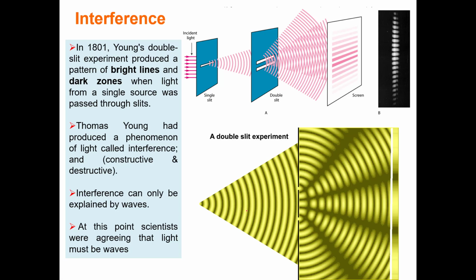So this is another clear evidence, from the 1800s, that this phenomenon can be explained only if we consider the light as a wave. At this point, all the scientists were agreeing that light must be a wave.